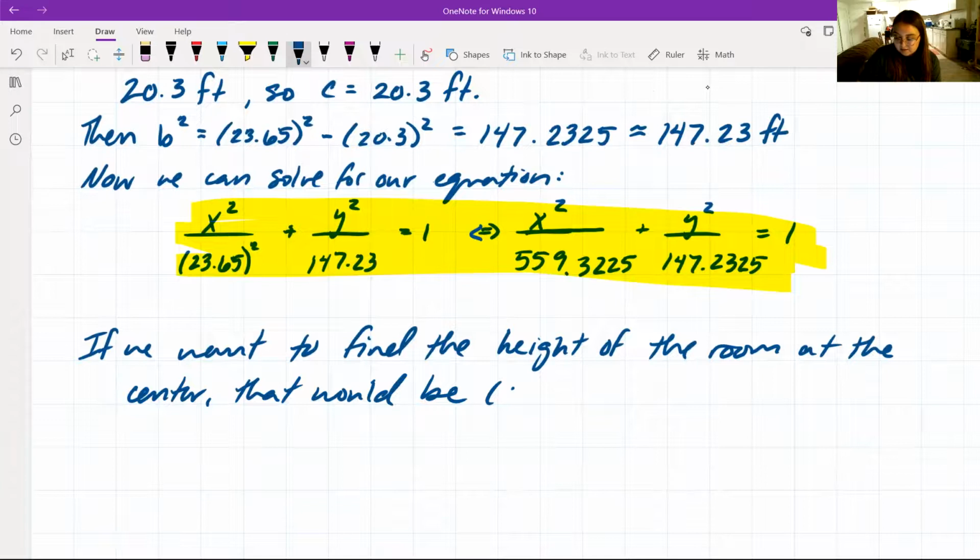That would be 0, b. And our positive b value, since we only have the top half, we're not considering 0, negative b.